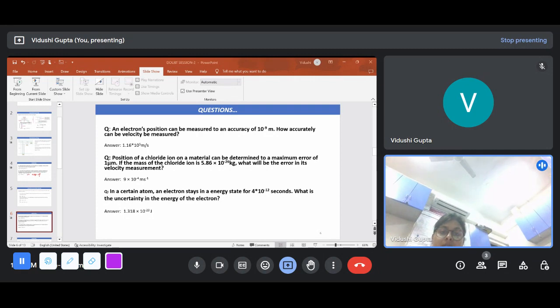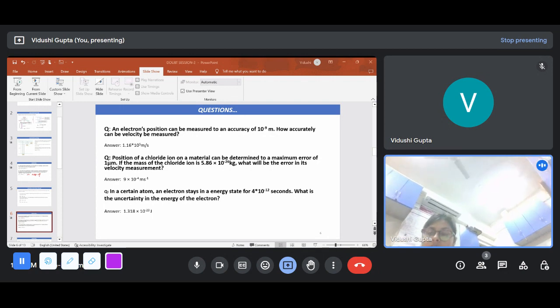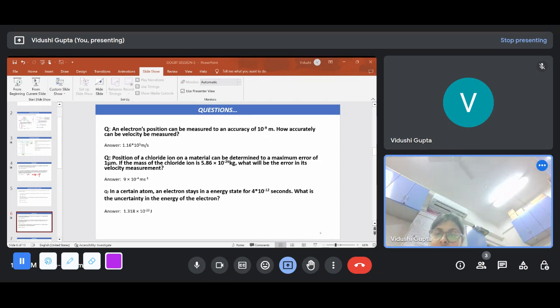If it is 0, then they will commute, otherwise they will not commute. Now there is the x position operator and d by dx. We have to calculate whether these two operators will commute or not.